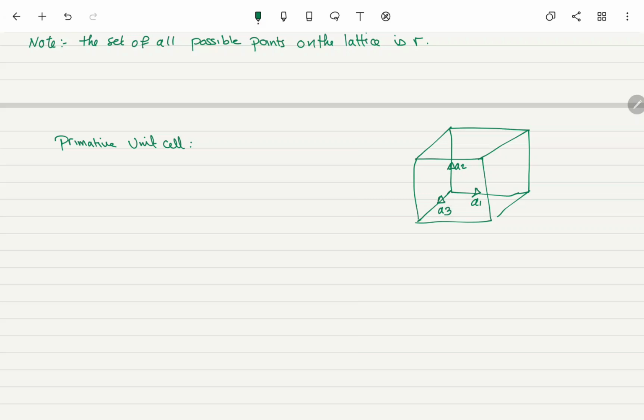The volume for this box is defined as A1 dot A2 cross A3, the magnitude.